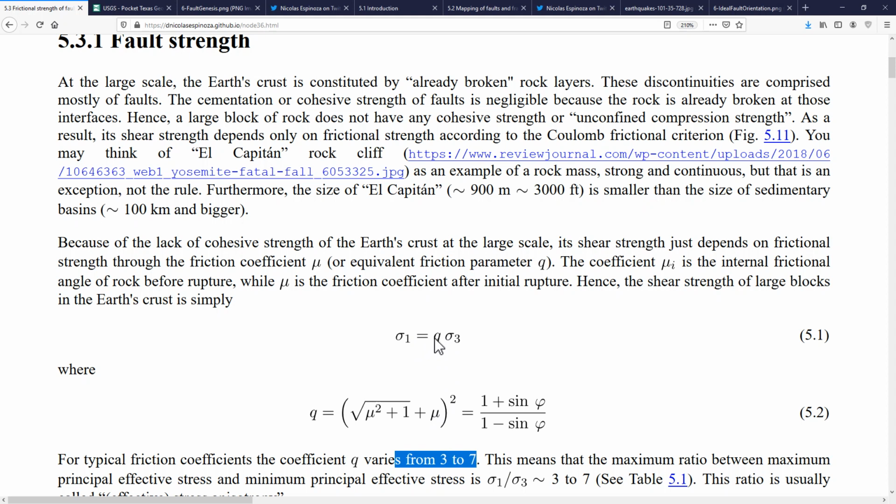So sigma 1 is equal to 3 to 7 times the least effective principal stress, sigma 3.